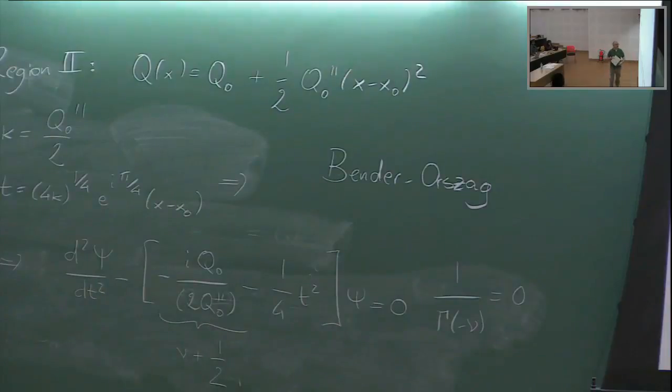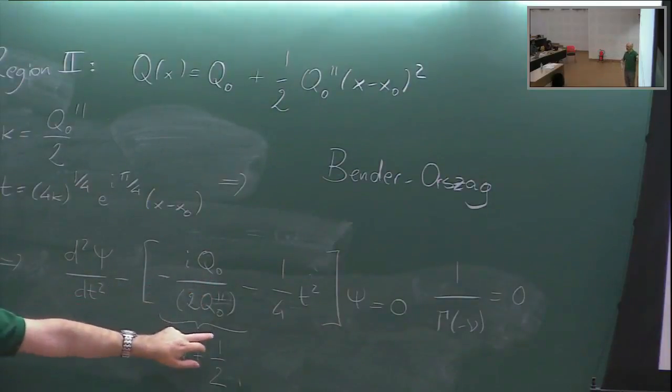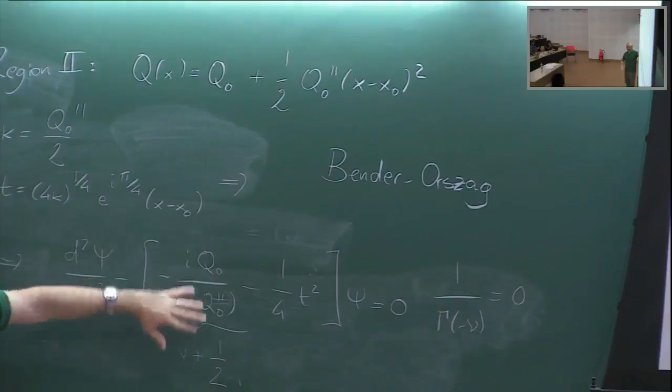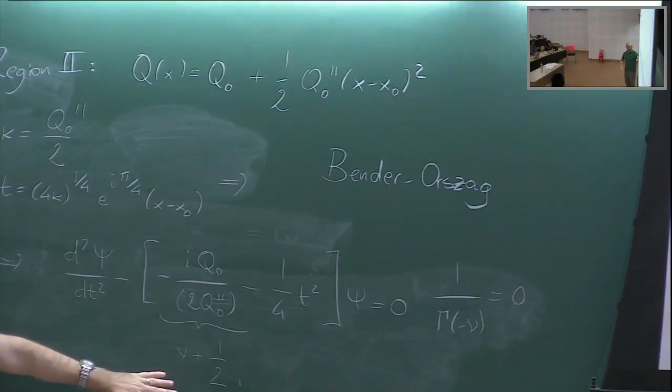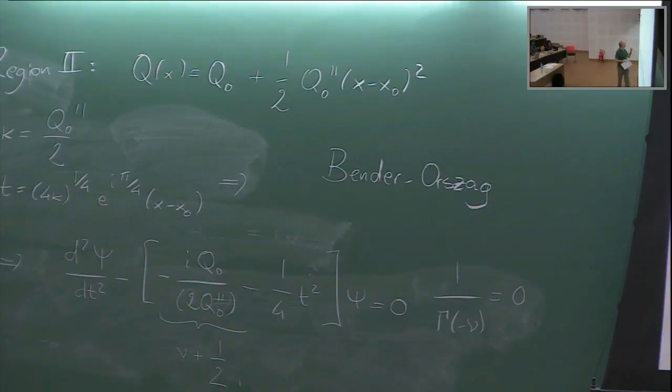Now, this means that I have found a condition now on Q0 and Q0 double prime to be quasi-normal mode solutions. That condition is that this ratio here has to be equal to n, where now n is an integer, plus 1/2. Now, if you remember that Q0 we defined as omega squared minus V, evaluated at the maximum, this tells you immediately that omega squared minus V, so let me write it down.